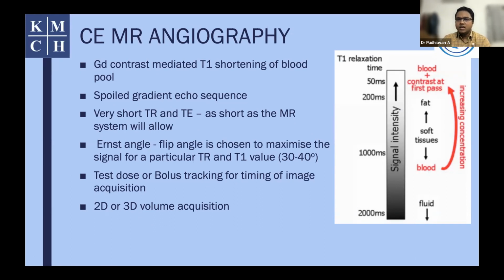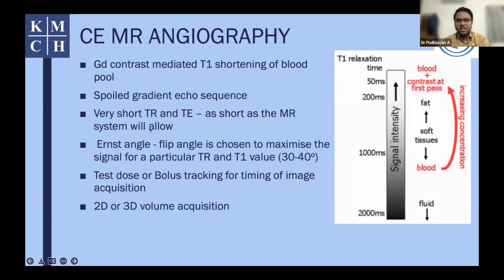So what we do here is we inject gadolinium based contrast agent into the blood, which mixes with the blood and causes a significant shortening of T1 relaxation time of the blood pool. This produces a high signal intensity in T1 weighted images, and hence we use a spoiled gradient echo sequence to image the vessels.